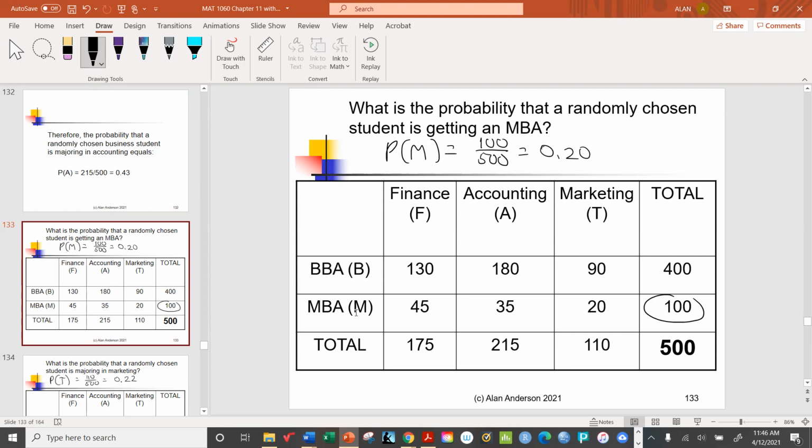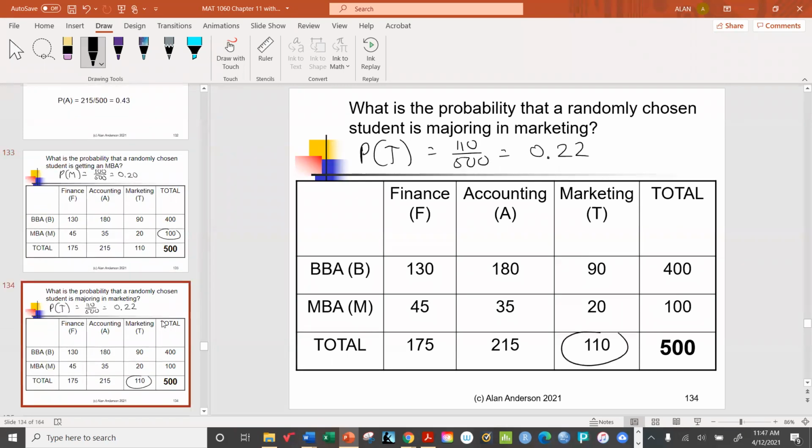All right, how about this one? The probability that a student is majoring in marketing. What would you do this time? Oh, I know.